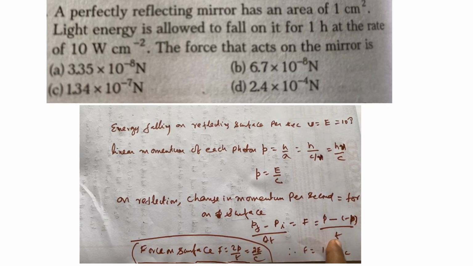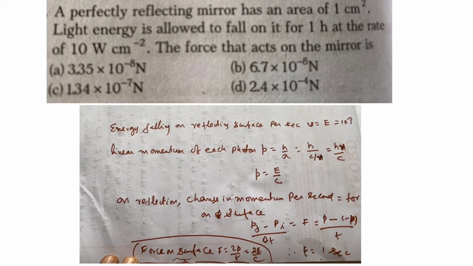Here t equals 1 second, so force on the surface F equals P by t, and 2E by c is the answer. Substitute all the values to find F.